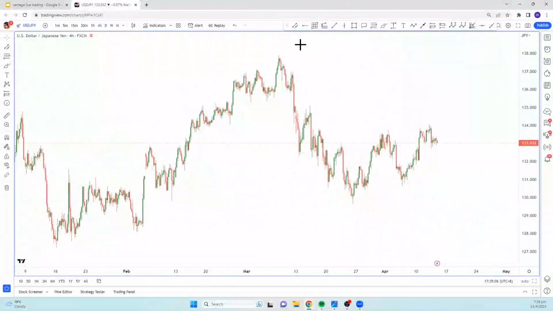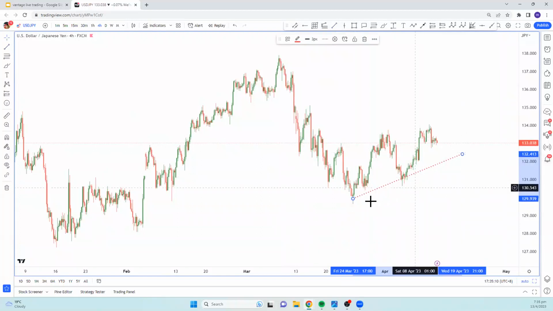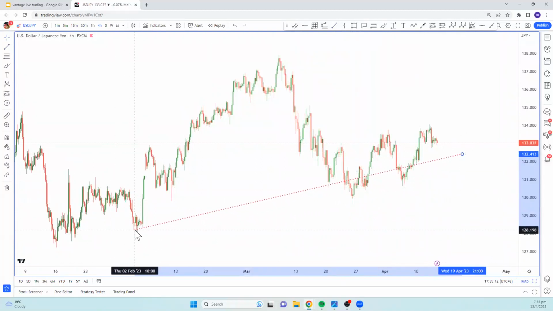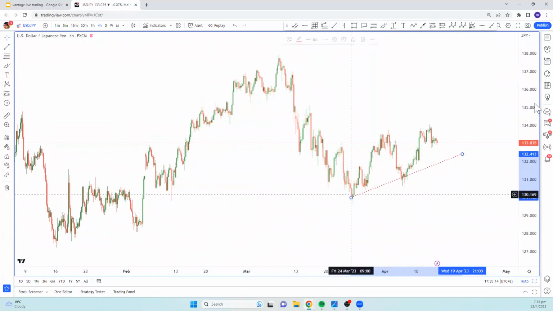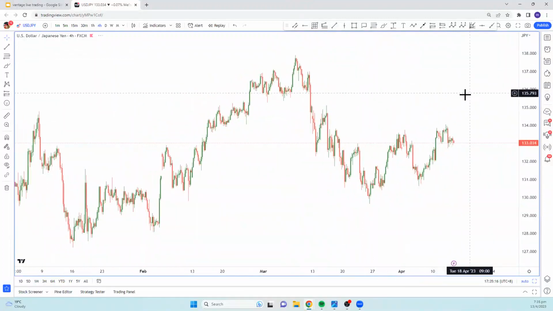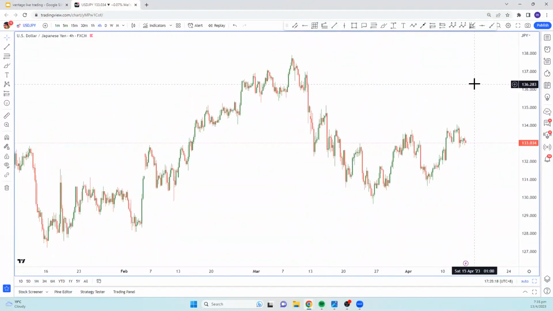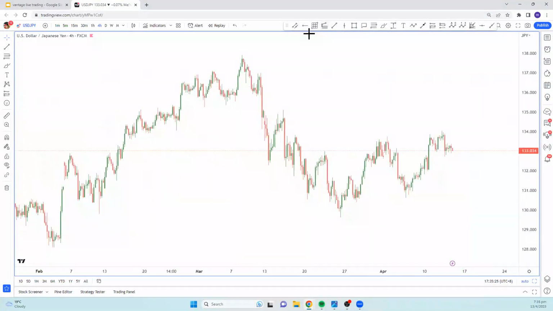But we can see price is kind of heading up in an upward direction. No trend line as well. Okay. So now that we have identified the typical trend, let's quickly start analyzing the support and resistance levels.